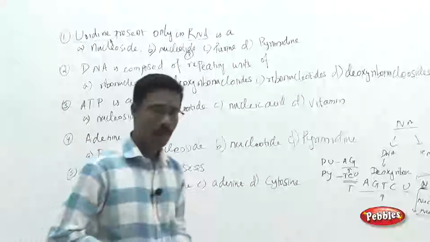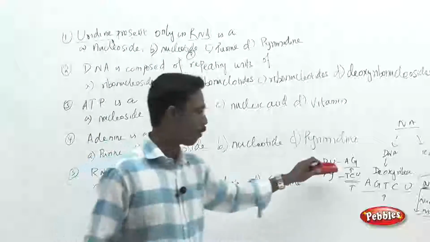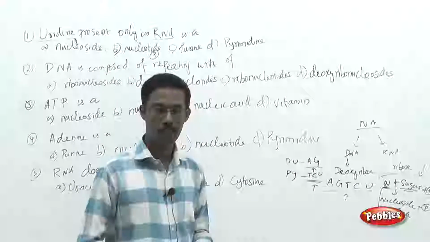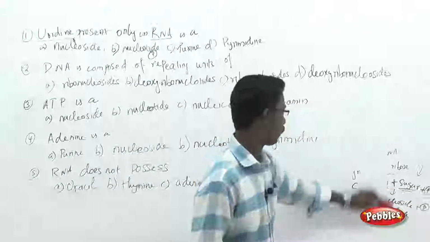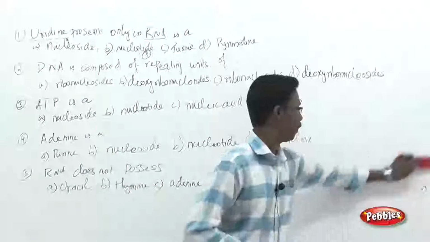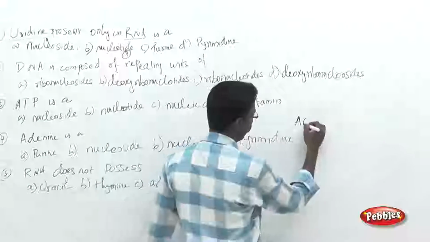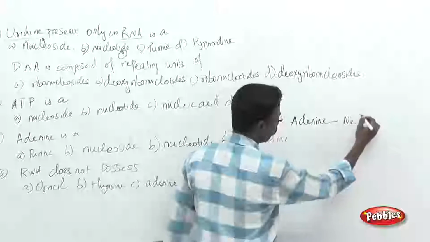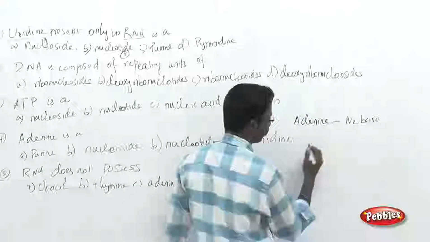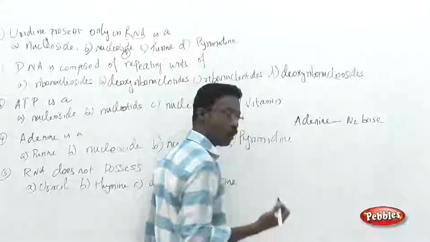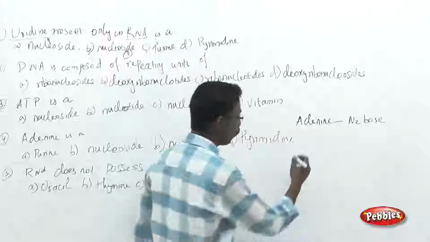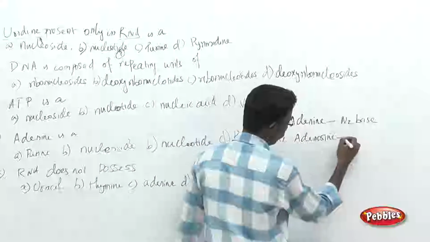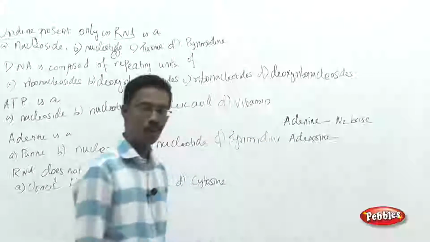Now you have to remember the terms. Whenever you use the term adenine, that refers to the nitrogenous base. You are not supposed to get confused with the terms. When you use the term adenine, this refers to just the nitrogenous base. When you are talking about a nucleoside, you have to use the term adenosine.